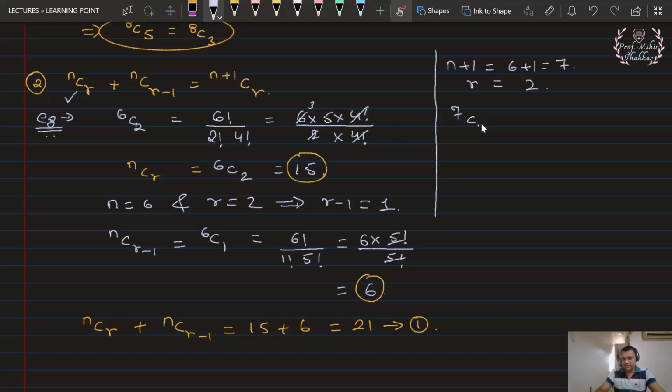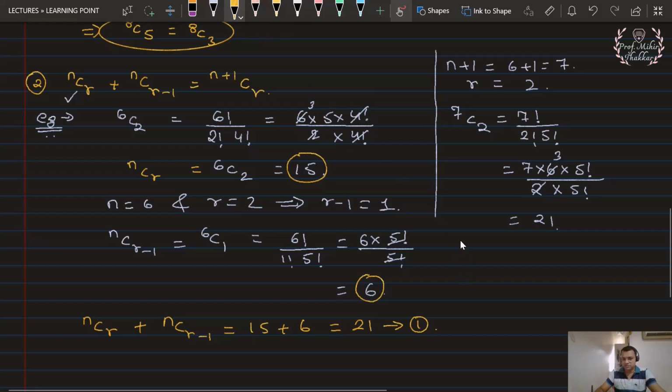So if I want to find the value of 7C2, it is 7 factorial upon 2 factorial into 7 minus 2, which is equal to 5 factorial. 7 into 6 into 5 factorial upon 2 factorial, which is 2, into 5 factorial. What is 7 into 3? 21. So I have got n plus 1 Cr also equal to 21.